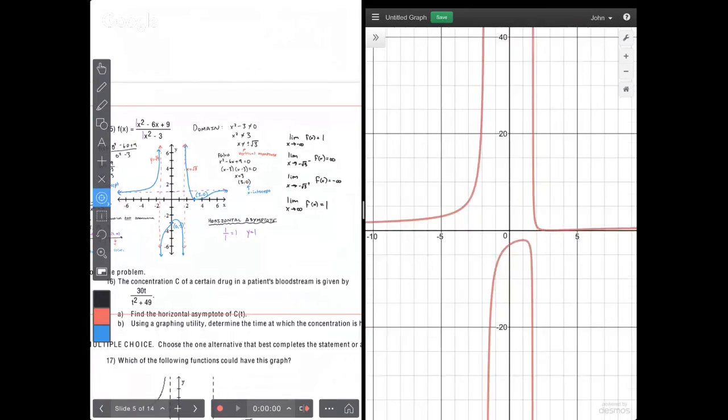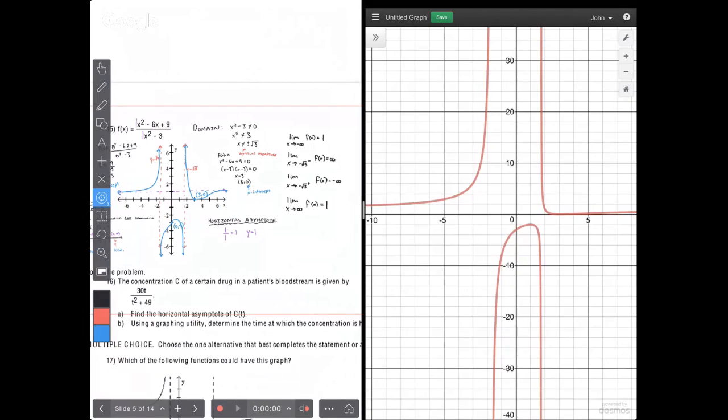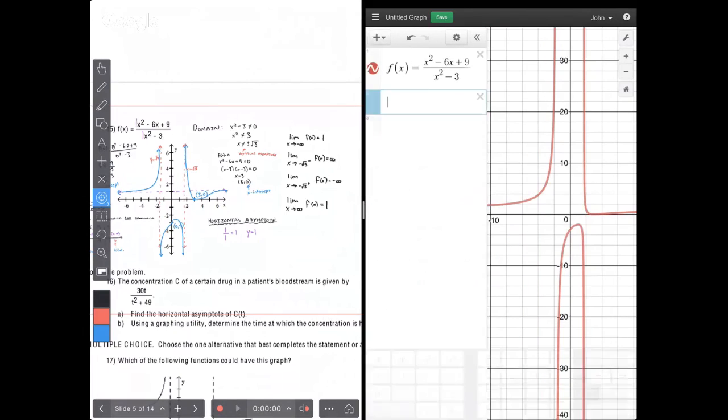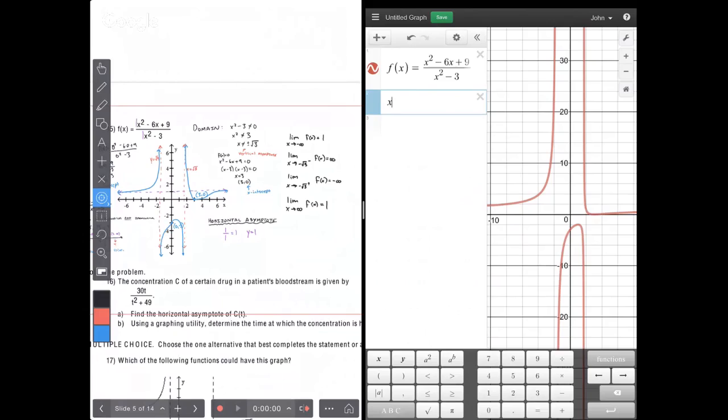So there's the graph. It does look fairly similar to our graph. We know we've got a bunch of asymptotes we could sketch in here, like x equals negative root 3 and x equals positive root 3.